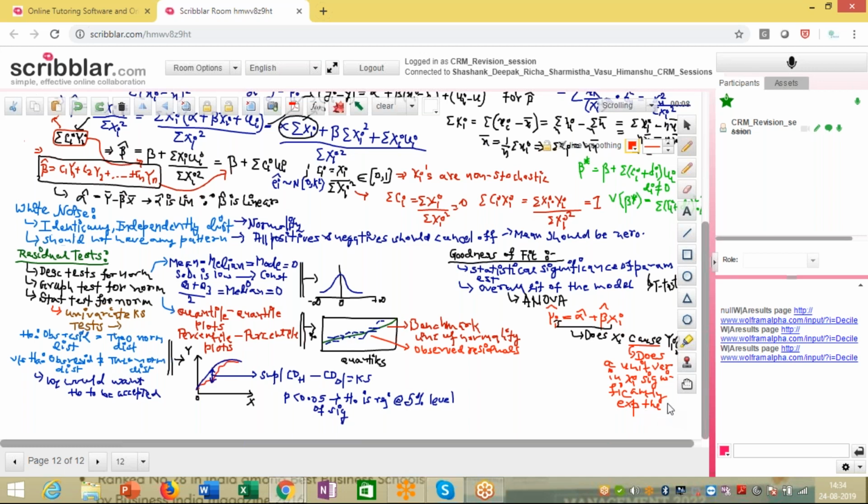So what it also implies is: can xi explain the variations in yi? This is the first and the biggest question that we need to address when we are developing a linear regression model. So how do we do this? To do this, we need to develop a statistical test.